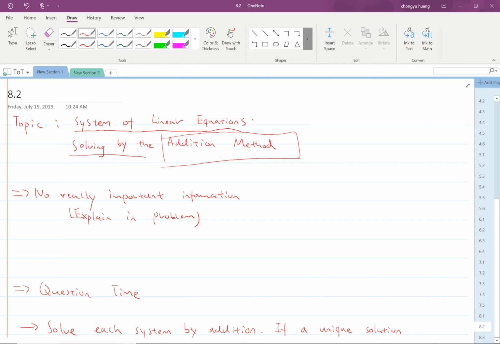There's not really important information here, like there's not much definition or property.